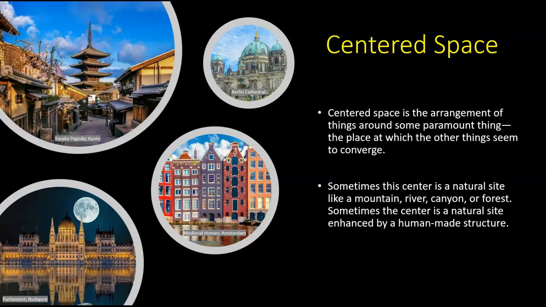The structure is built around the natural site, and it's meant to enhance it and not intrude upon it. That's essentially the idea of centered space. Real quickly, this is the Yasaka Pagoda in Kyoto, the Berlin Cathedral, some medieval homes in Amsterdam, and the Parliament building in Budapest.